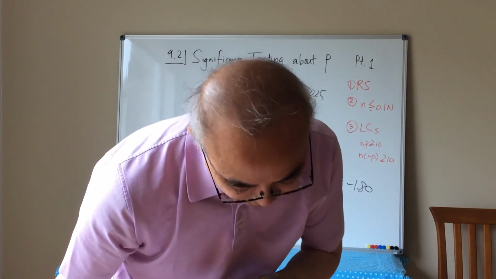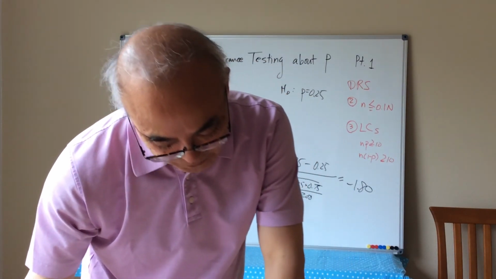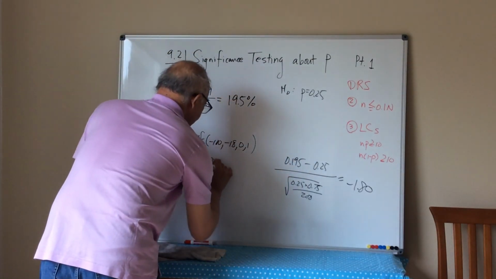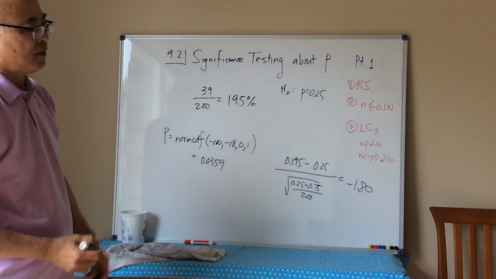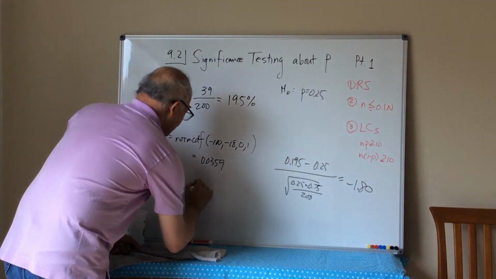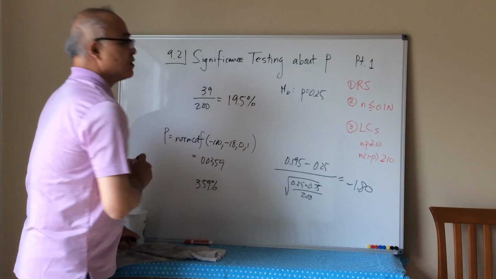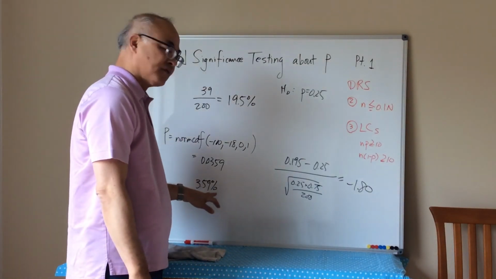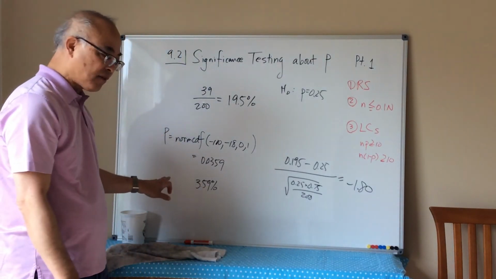And if you do that, what do you get? 0.0359. In other words, you're going to get 3.59%, so the p-value is 3.59%. It's kind of interesting here. If you did a significance level of 10%, your p is going to be less than alpha.